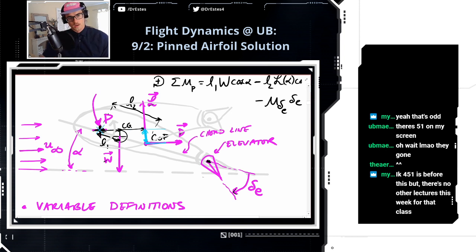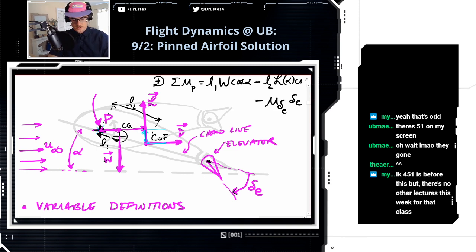So we have the weight of the airfoil itself, and that has a perpendicular distance from the pin, so that creates a moment. And we also have the lift, and that has a perpendicular distance from this pin P, that creates a moment.